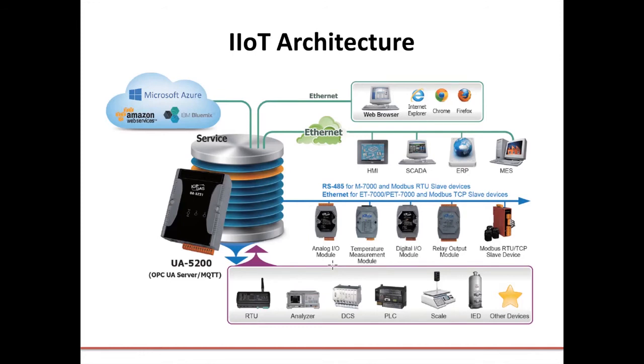This model comes with 4 serial ports to connect a wide variety of devices, and it uses its Ethernet interface to push data to Ethernet controllers as well as the cloud. It's also an MQTT client, so it integrates easily with popular IoT cloud platforms like Microsoft Azure, IBM Bluemix, and Amazon Web Services.